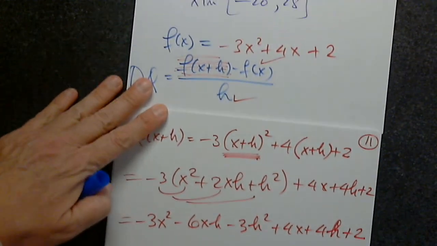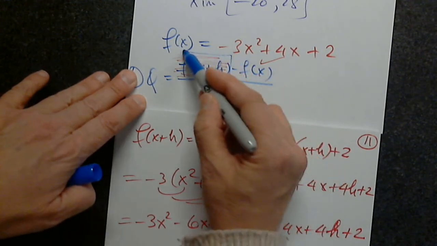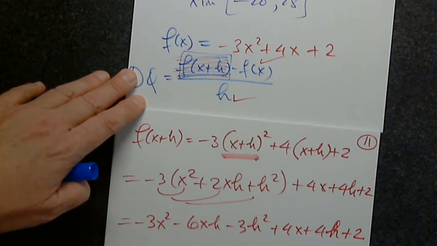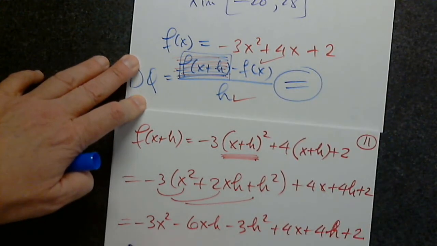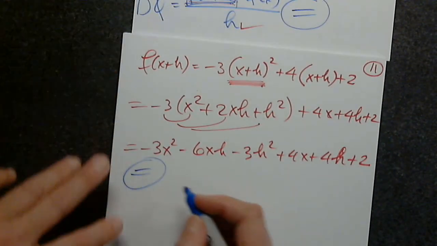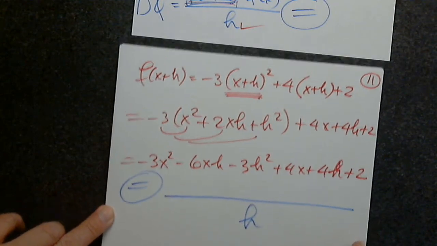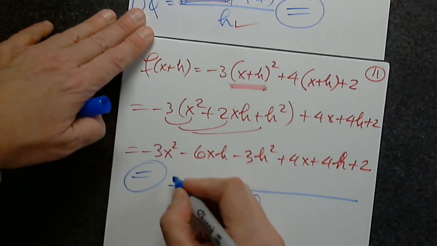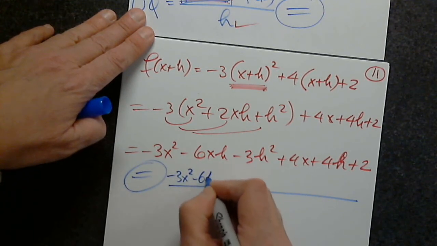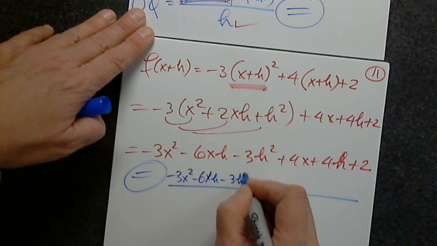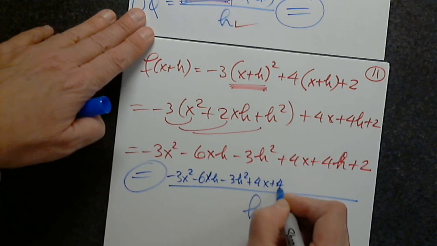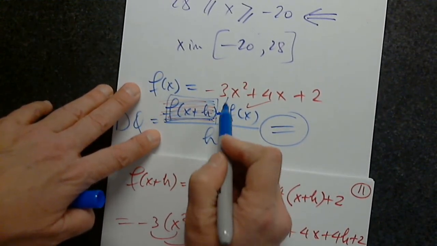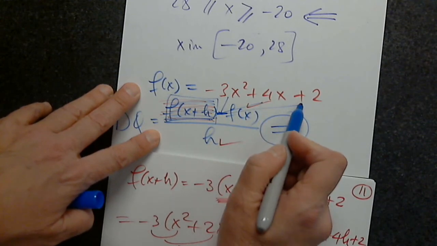So now all this will replace this piece. So then the difference quotient is, I copy all this instead of that. So negative 3x squared minus 6xh minus 3h squared plus 4x plus 4h and plus 2. Now careful, minus has to be distributed to three terms.